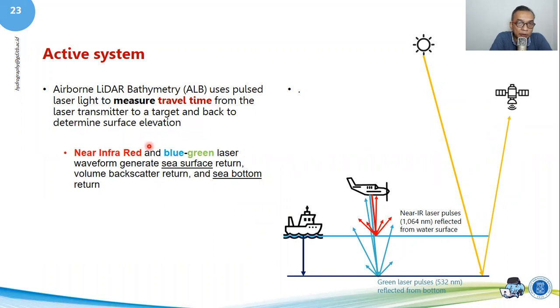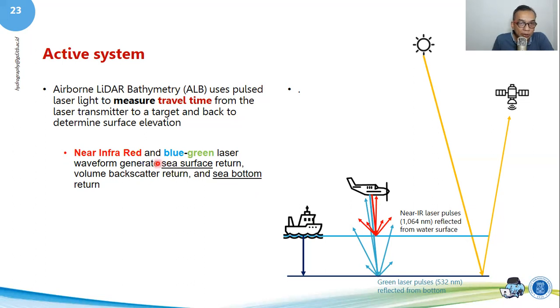Airborne LiDAR bathymetry, or ALB, uses pulsed laser light. So this is an artificially generated electromagnetic wave, to measure the travel time from the laser transmitted to a target and reflected back, to determine the surface elevation. And another band of light is used to determine the bottom.